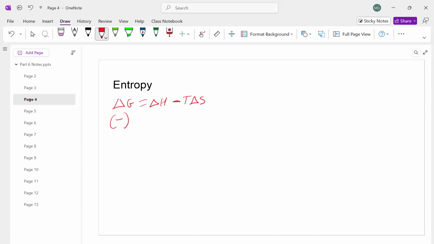Well, since this last term here, we're subtracting that T delta S, we want delta S to be as positive as possible to favor the reaction occurring. Because that would make this term as big as possible. And if we're subtracting a big number, that whole term becomes even more negative. And so delta S is the change in entropy, which is just a measure of disorder or chaos.